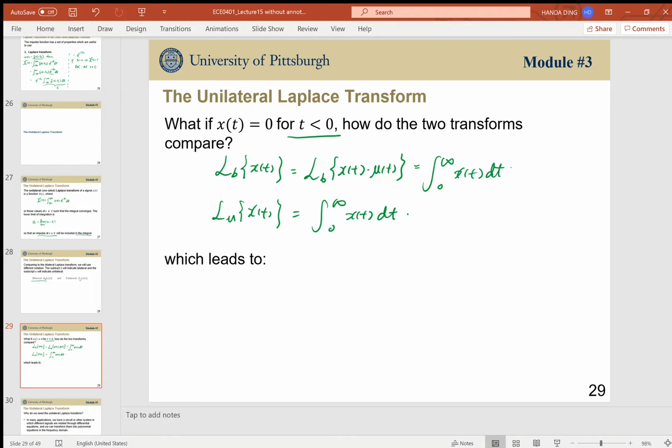And that gives us, for the unilateral, x(t) equals your bilateral Laplace transform multiplied by your step function. It should be straightforward to understand, right? Basically cut the plane in half by the step function.